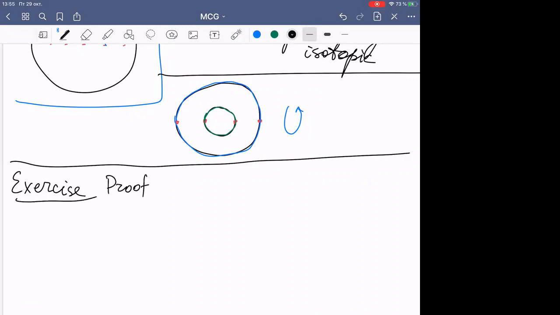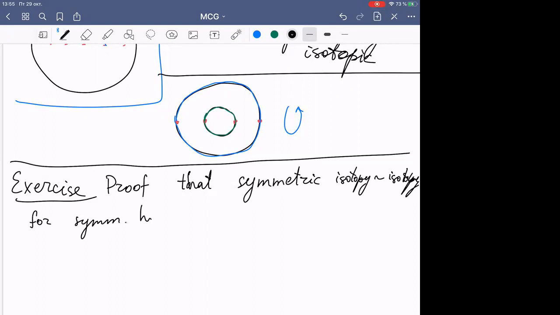However, the theorem itself is correct. So prove as an exercise that this proposition, that symmetric isotopy is equivalent to isotopy for symmetric homeomorphisms, in case G equals 1.